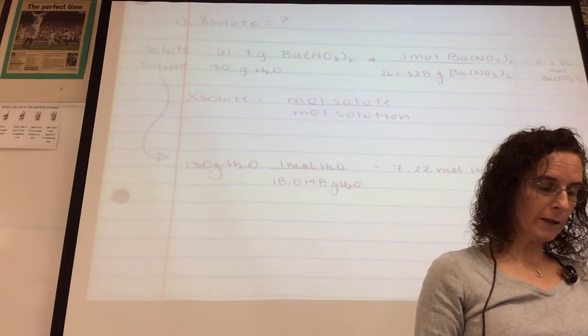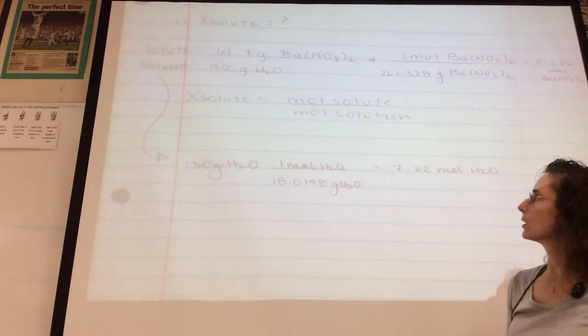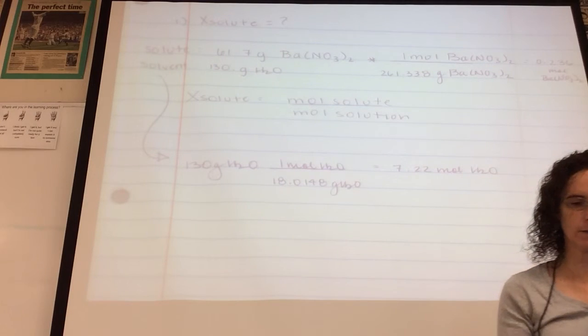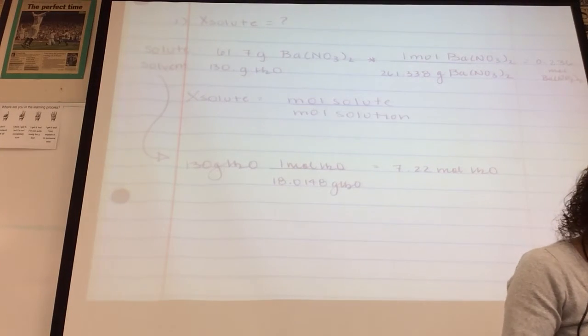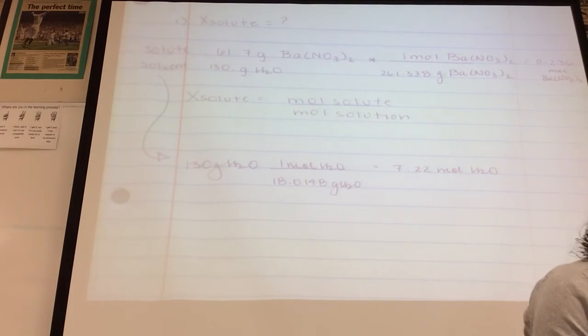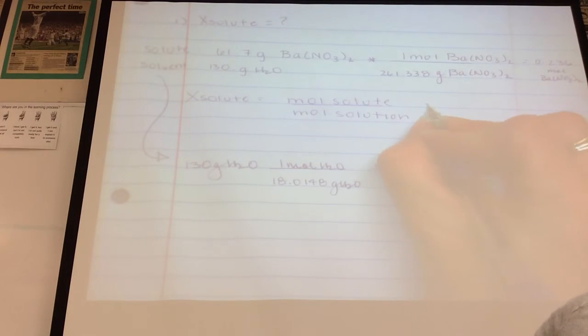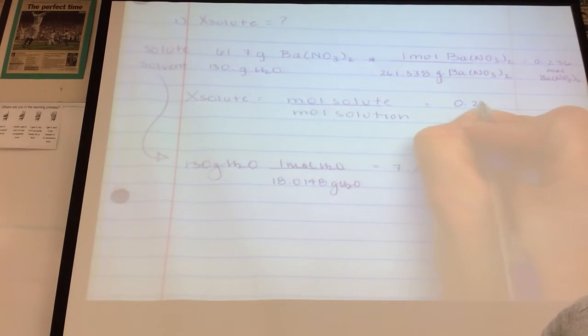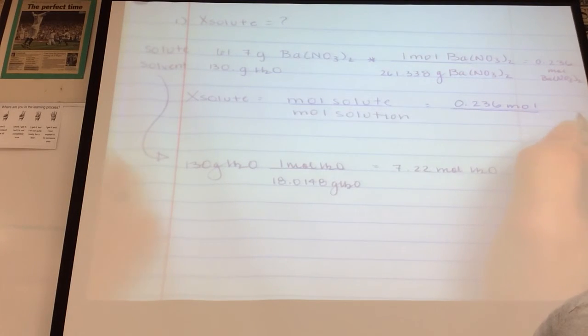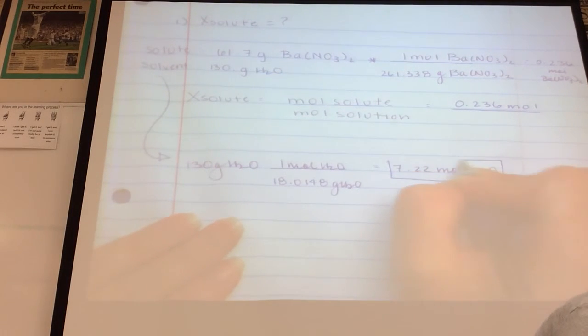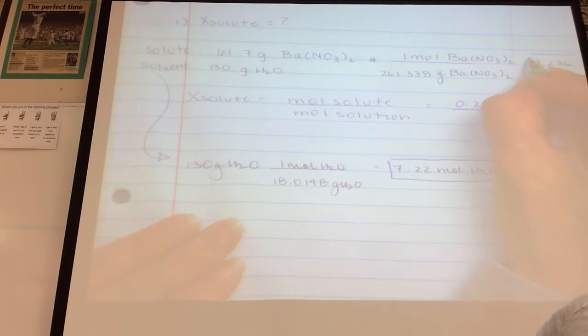And let me just make it really clear with the denominator. I'll show you where the kids make the mistake. The moles of solute is 0.236. The moles of solution, you have to add the two together.